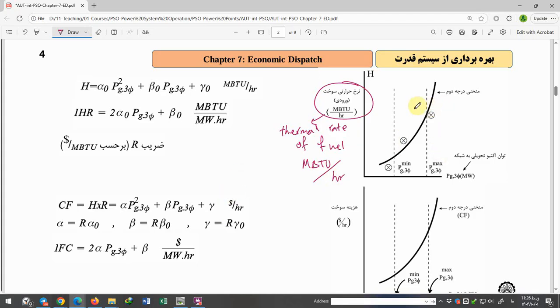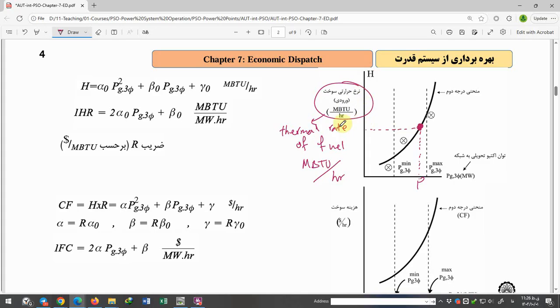For example, if you let Siemens construct a power plant, Siemens gives you this curve, and Siemens says that if you use that one fuel, you can, for example, get this active power with this mega BTU per hour of that one fuel.